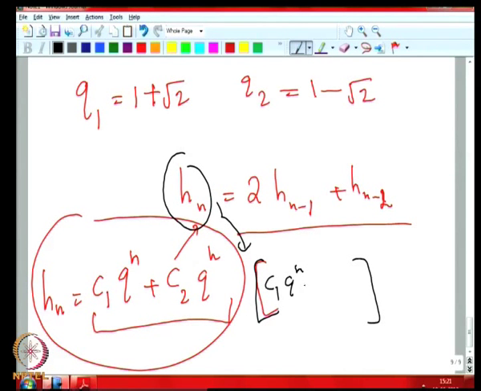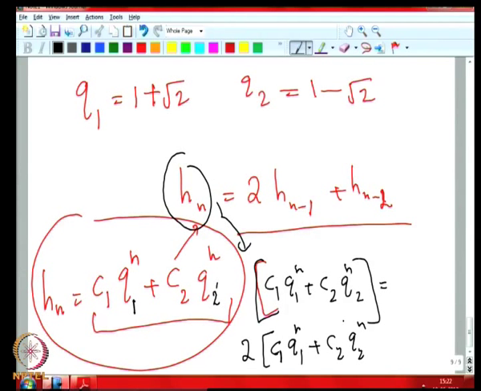So C1 into Qn plus C2 into Qn will be equal to 2 into C1 into Q1 raised to n and C2 into Q2 raised to n.